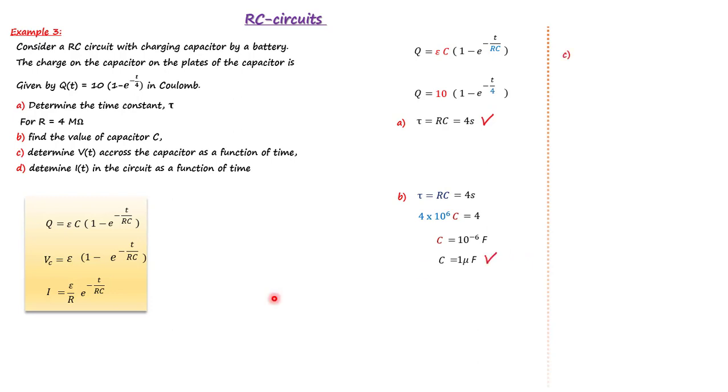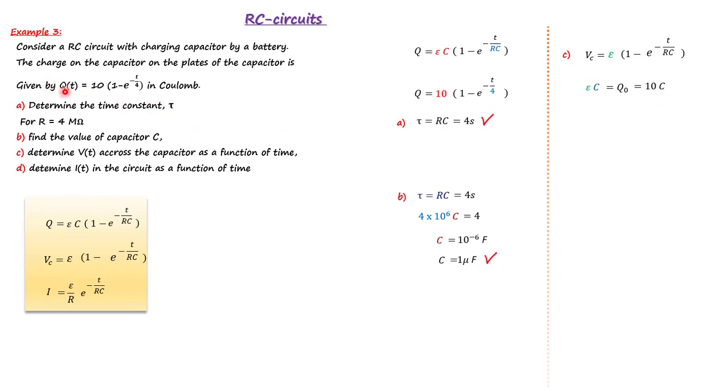For part C, we can use this equation. Vc is epsilon times 1 minus e to the minus t over RC. But first we have to find out epsilon. For that I'm going to go back to this equation. So you see epsilon C is 10. So epsilon C is Q0, which is 10 coulomb, right?